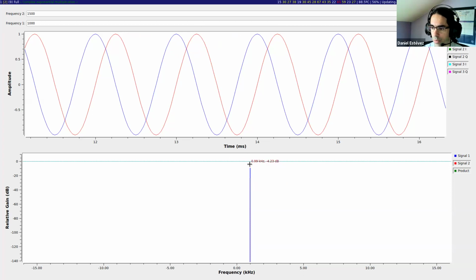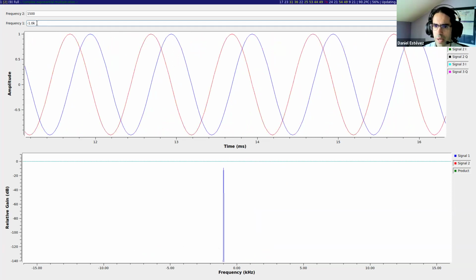On the frequency domain, we can see this is 1 kilohertz. But now our plot has also negative frequencies. And why is that? What happens if I put here -1 kilohertz? Yes, I get the signal at -1 kilohertz, but what does that really mean?